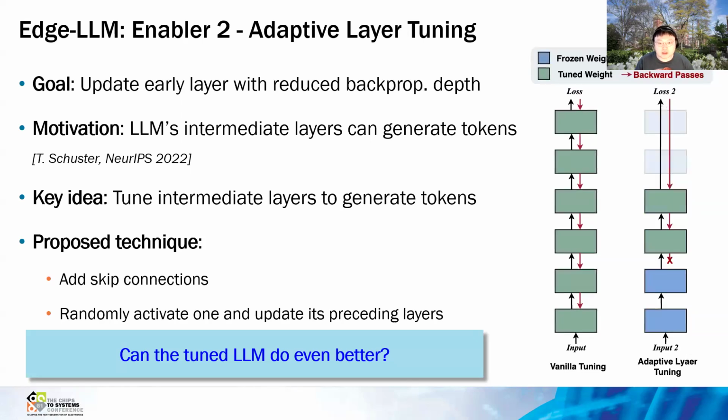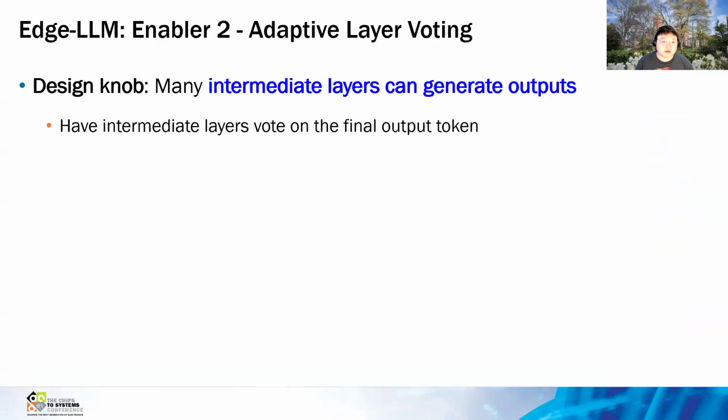Although using this adaptive tuning technique by itself can achieve satisfactory accuracy, we wonder whether a fine-tuned LLM can do even better. Specifically, after this adaptive tuning, many intermediate layers in the LLM can generate outputs, and we try to have these intermediate layers vote on the final output token.